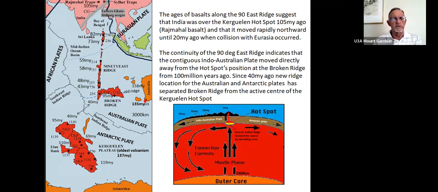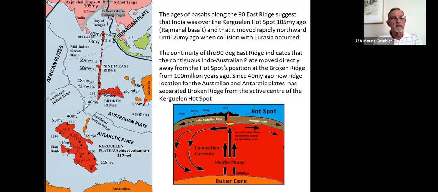It's a little more complex than the Hawaiian situation, but if we look at the northern half of this map, we'll find that we have quite an extensive volcanic area called the Broken Ridge. This is where the central ridge of the Australian Antarctic plate stood 95 million years ago.